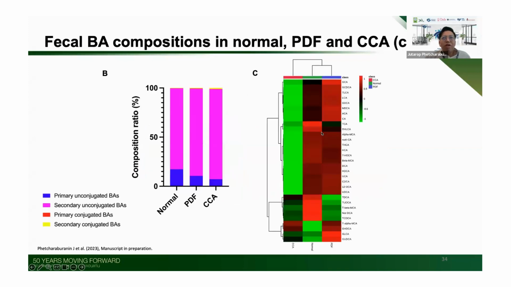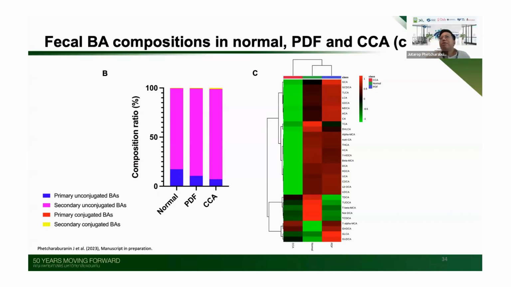And then when we further performed the analysis, we classified our bile acids into 4 different groups. These include primary unconjugated bile acids, secondary unconjugated bile acids, primary conjugated bile acids, and secondary conjugated bile acids. And we found that from normal to PDF to CCA, it shows the decreasing trend of the primary unconjugated bile acids, and of course, the increasing trend of secondary unconjugated bile acids.